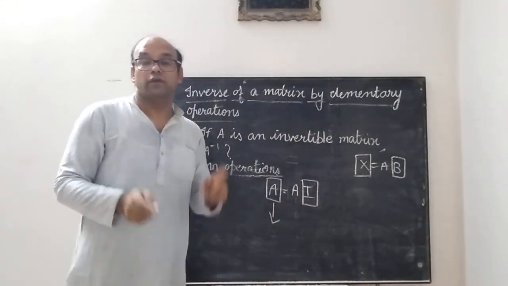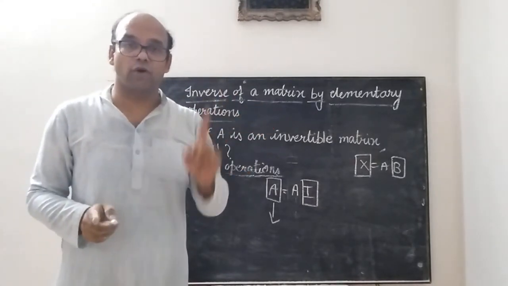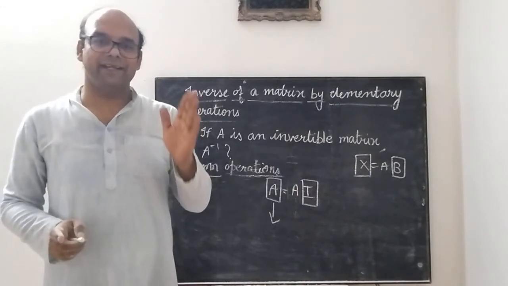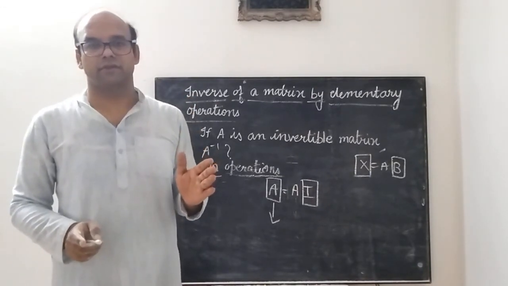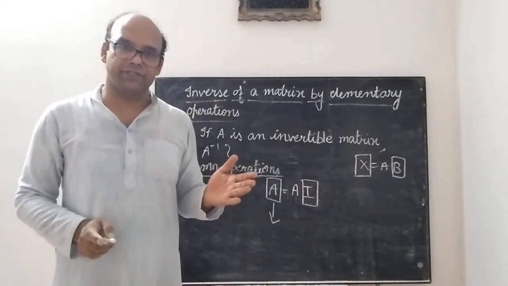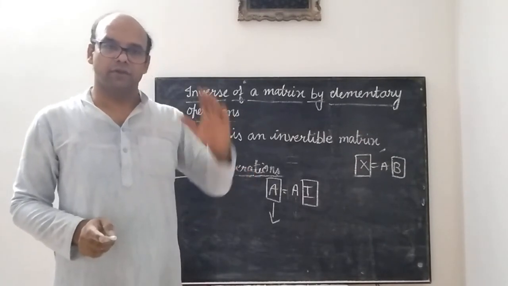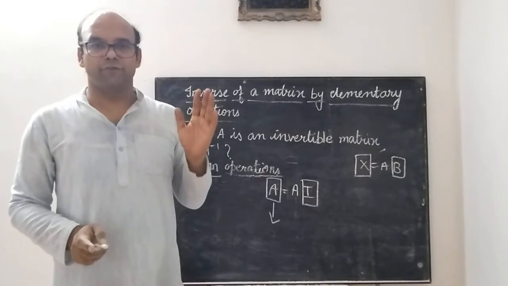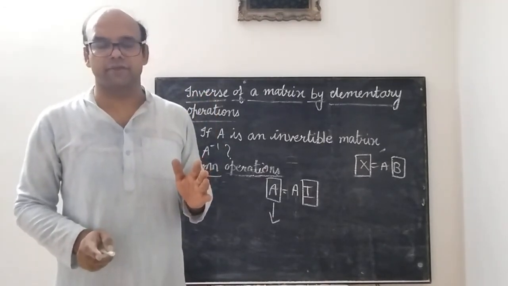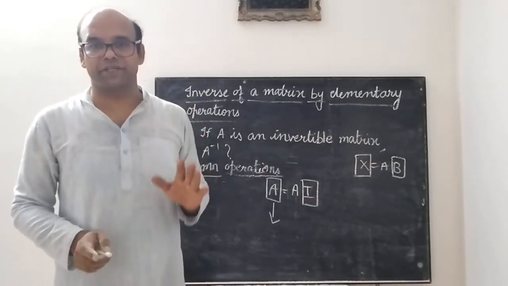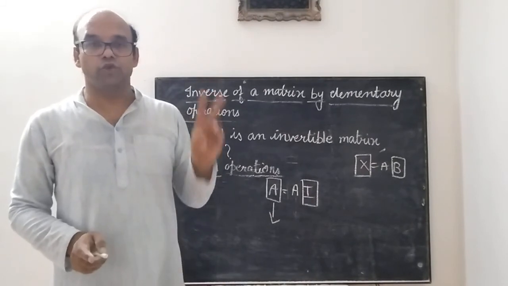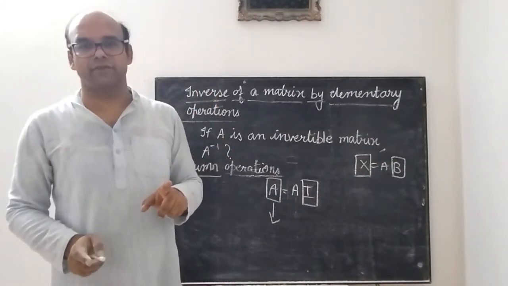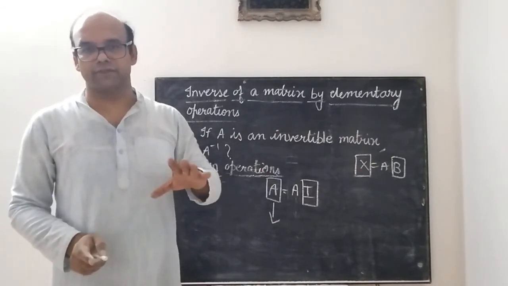Very important, do not mix the row operations and the column operations. If you are finding the inverse by the row operations, only the row operations have to be applied. If you start with the column operations, only the column operations have to be done. Do not mix the row and the column operations in any of the questions.